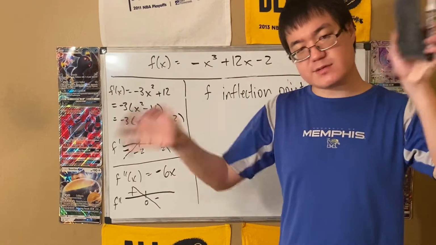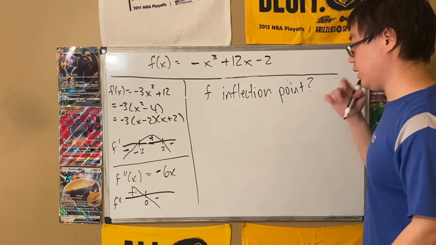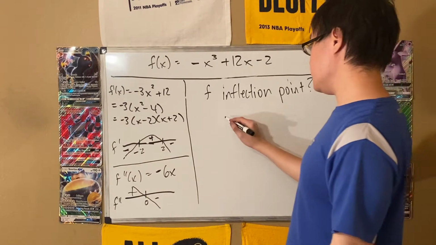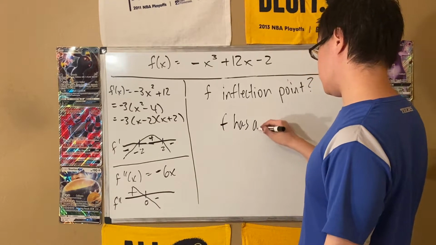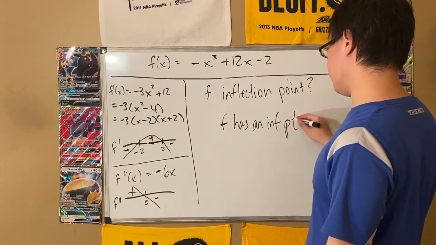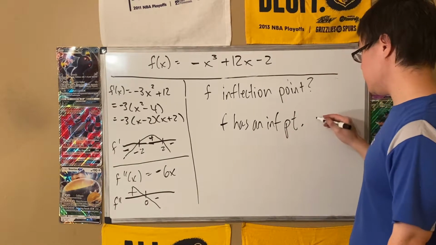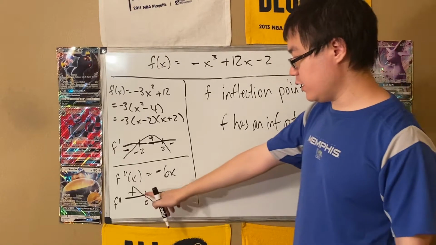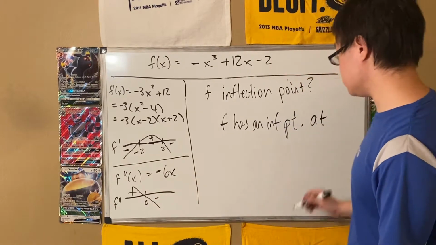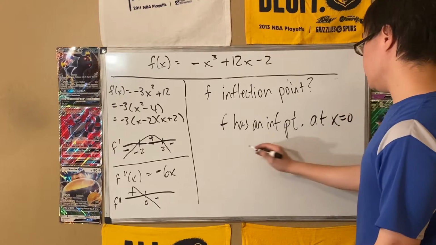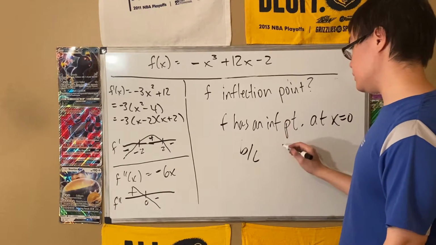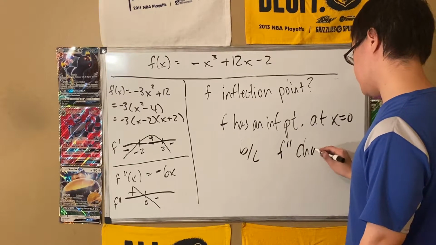We don't have any f prime graphs in this video, so I'm going to use the f double prime rule. f double prime changes signs. So f has an inflection point, or abbreviated inf point, at, try to not be as lazy as me. Where is it? Well, just where does it change signs? Looks like it's at 0. It goes from positive to negative. And then we'll write the justification because f double prime changes signs there.